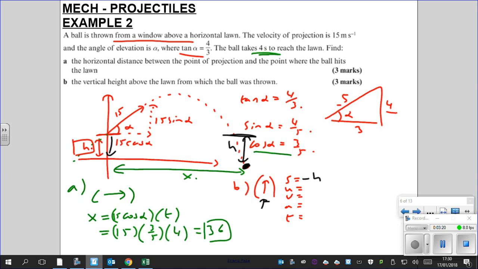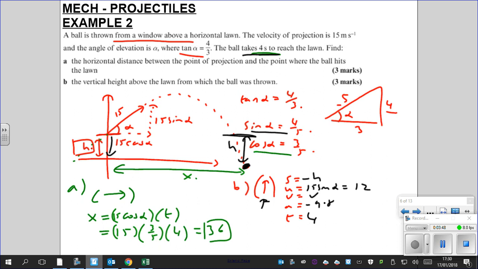U is 15 sine alpha, and we know 15 sine alpha from here is 4/5. So 15 divided by 5 is 3, so that's 12. V, don't care, A is minus 9.8, and T is time. Okay, and the time we know was 4 seconds, because that's when it hit the ground from the question up here.